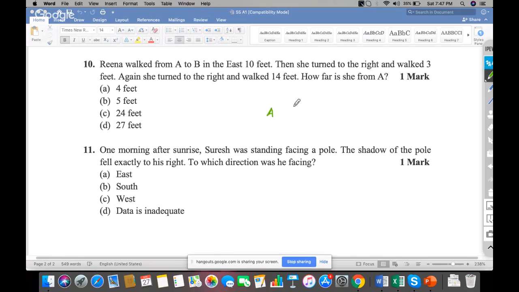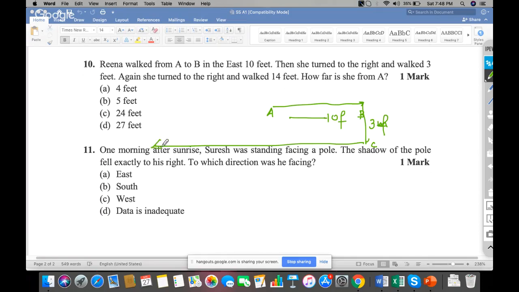So A to B is in the east 10 feet. She then turned right, so this is right, and walked 3 feet. So 3 feet. This is C. She again turned right and walks 14 feet far from A.